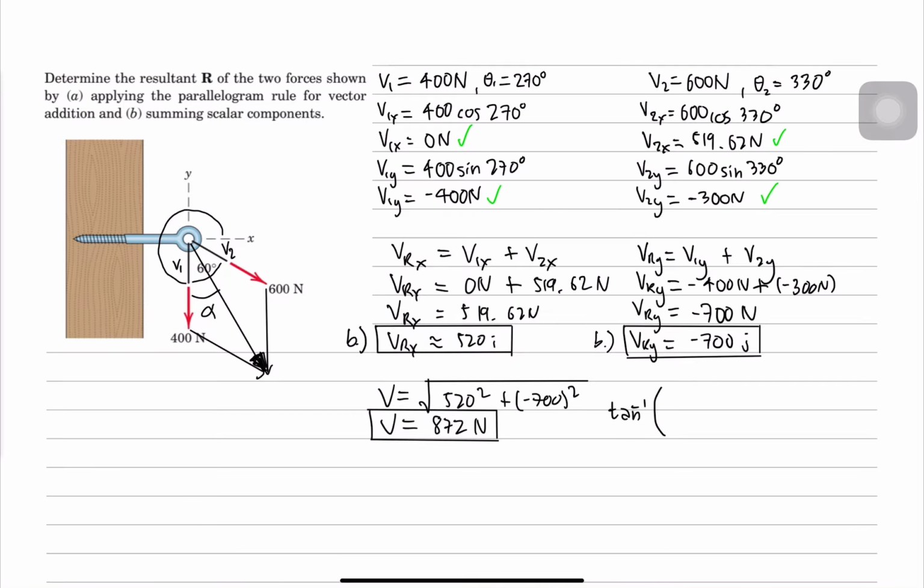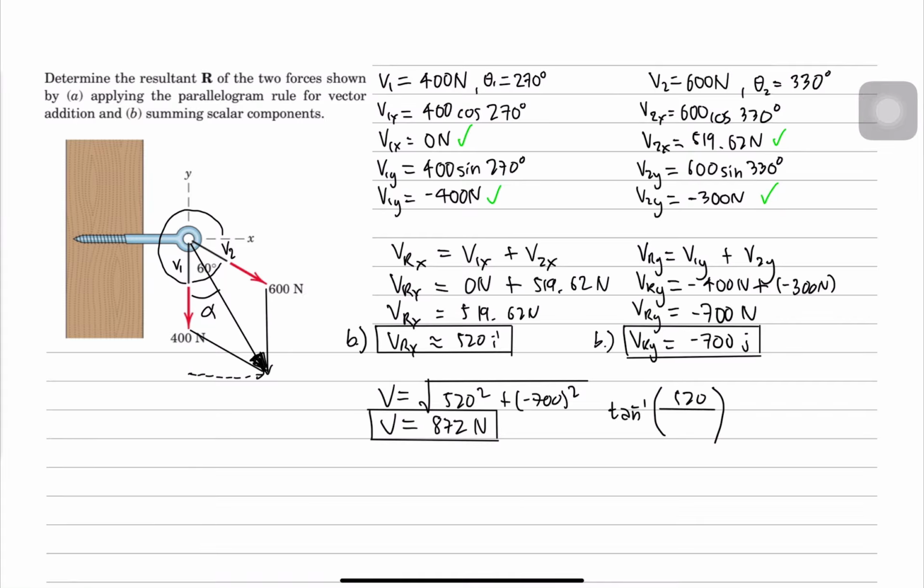Since tangent is opposite over adjacent, the opposite of this angle is basically the x component, which is 520 i hat, so we put that in here.